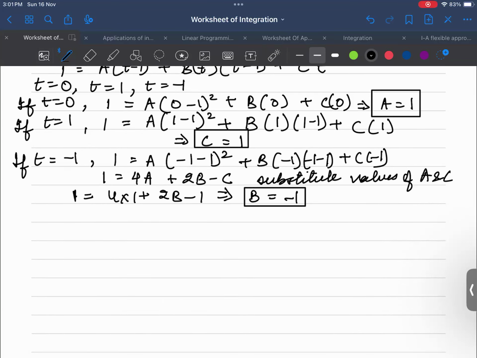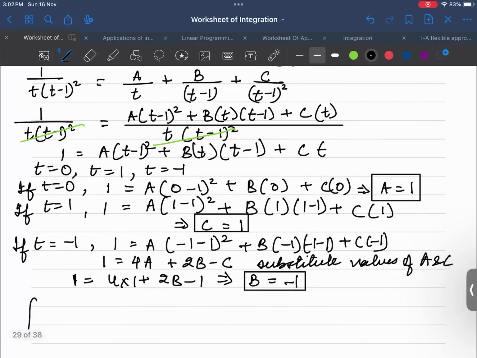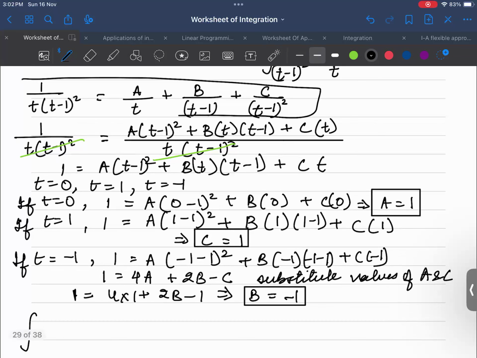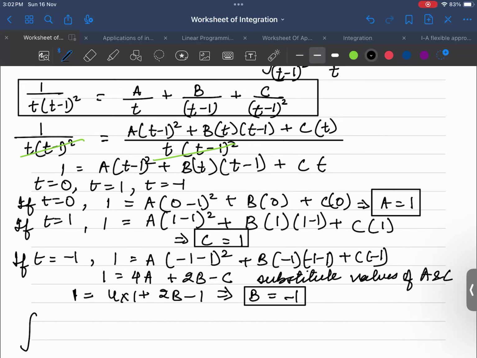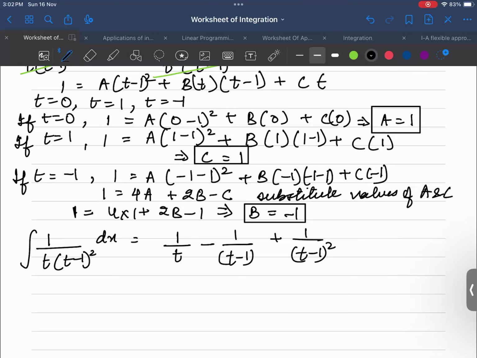I think it's clear. Now we have the values of a, b, and c. We can place them. The question was 1 upon t (t minus 1) whole square, so we substitute the values of a, b, c in this equation. It would be a upon t, minus b here, so 1 upon t minus 1, plus c, which is 1 upon (t minus 1) whole square.